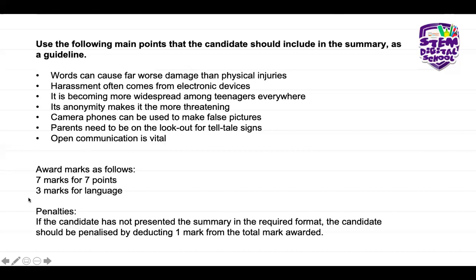Okay. So some of the penalties given: if the candidate has not presented the summary in the required format, the candidate should be penalized by deducting 1 mark from the total mark awarded.